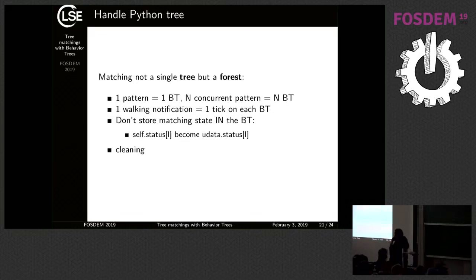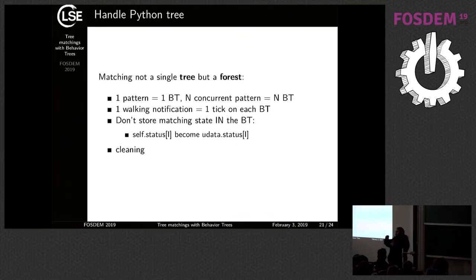When I walk and traverse my tree, I must be aware of the storing of status and positioning inside my tree. So I can't store it inside the behavior tree, because the behavior tree represents the pattern, not the actual partially identified sequence.